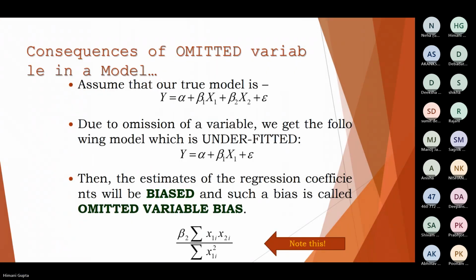Okay. Now, what is the consequence? The consequence of omitted variable bias: we have seen this is a true model. BP is equal to age plus weight, and plus still there will be some factors which are sitting in the error term. Why am I saying there are some factors sitting in the error term?